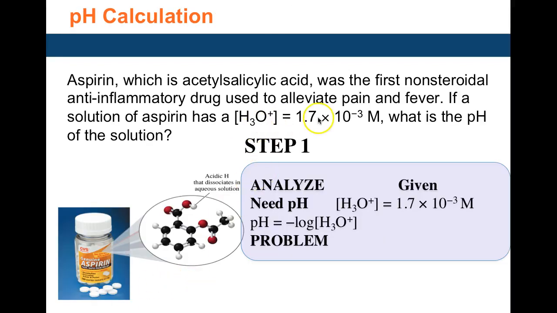So H3O+ is given as 1.7 times 10 to the negative 3. Just plug it into the formula. Take the negative log of 1.7 times 10 to the negative 3. Now you see here, this is 3. If the coefficient was 1, the pH would have been 3, but it's 1.7, so the pH should be in the ballpark of 2 point something.